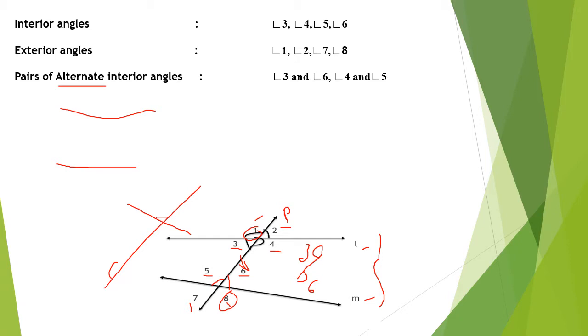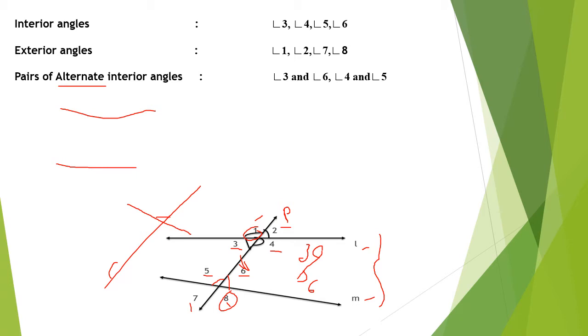Alternate angle means 3 and 6. 3 and 6 are the alternate angles. Look at this line. Here you have 3 and on this part you have 6. So this is known as alternate angles. In a line like this, look at this straight line, this is angle 3 and this is angle 6.